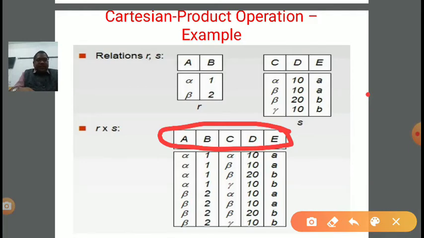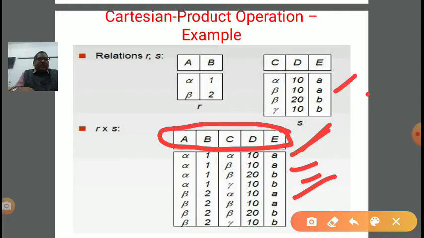The first row will be alpha 1 alpha 10 A. Similarly, alpha 1 is multiplied with the second row beta 10 A, so it becomes alpha 1 beta 10 A. The third row is alpha 1 from the first relation with the third row of the second relation, beta 20 B, so it gives alpha 1 beta 20 B. The fourth row of the output is alpha 1 multiplied with gamma 10 B, so alpha 1 gamma 10 B is the fourth row.